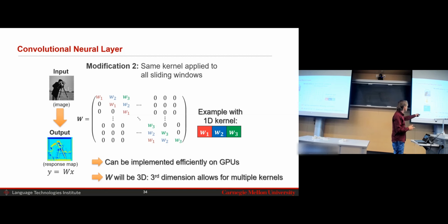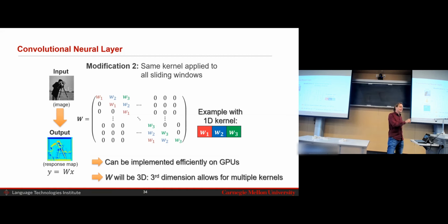And because the W are, in fact, parameters that are going to be learned, the kernel is something that will be learned. So really what it does is do its best to learn parameters in such a way that it can output the response map.